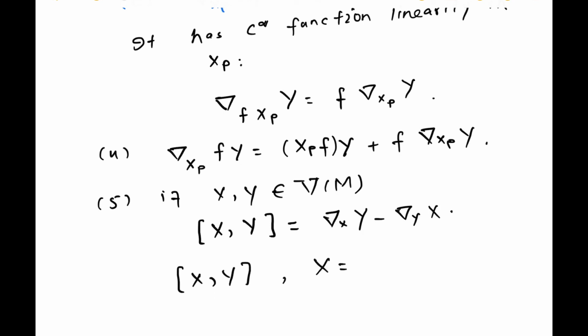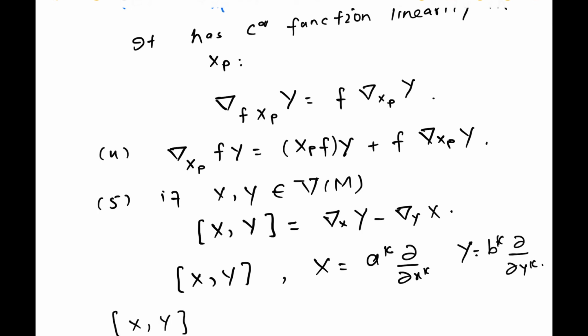Let me say x is ak partial xk, where this is the basis, and y is bk partial yk.